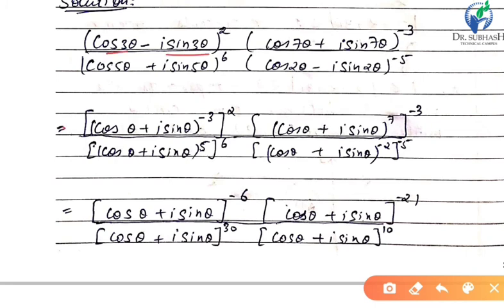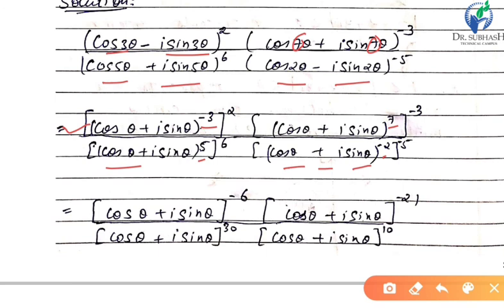This can be written as (cos theta plus i sin theta)^-3. Similarly, in the denominator, cos 5 theta plus i sin 5 theta can be written as (cos theta plus i sin theta)^5, and in the same way cos 2 theta minus i sin 2 theta can be written as (cos theta plus i sin theta)^-2.